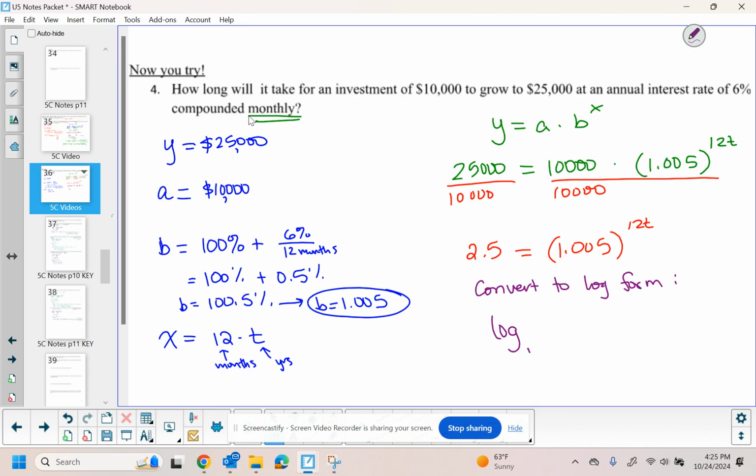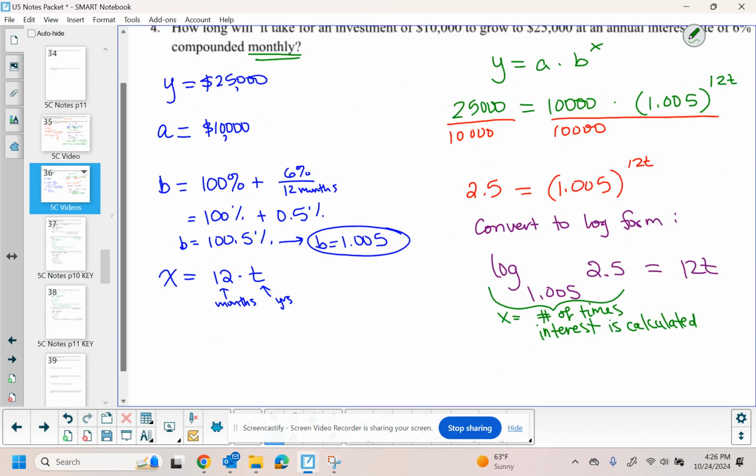So I log with a base of 1.005. The exponent is over here. It's 2.5. And now to get the actual number of years, I will need to divide by 12, because what this is going to give me is the number of times interest is calculated, because it gives me the x. So to get the actual number of years, I'm going to have to divide by 12.